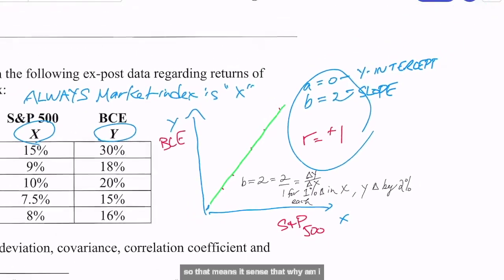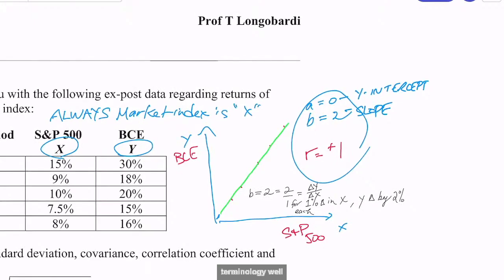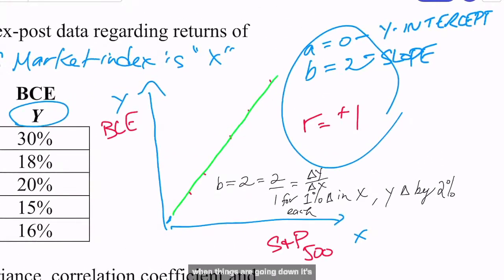So that means it's sensitive. Why am I using that terminology? Well, it's nice when things are going up, but what about when things are going down?